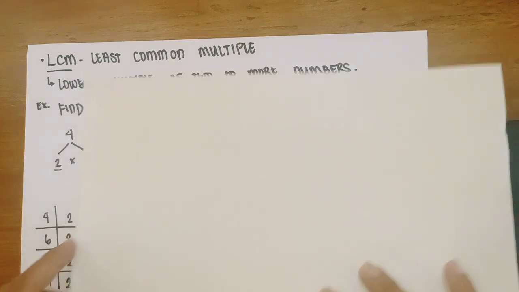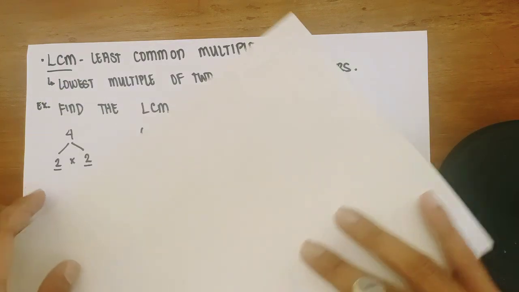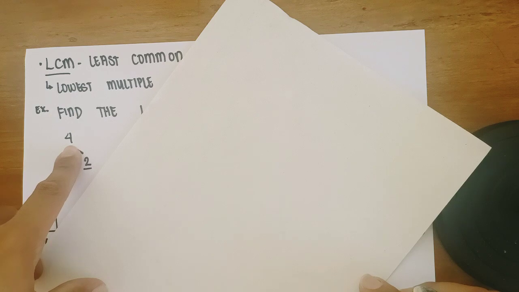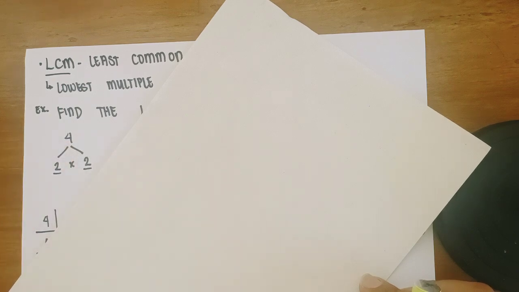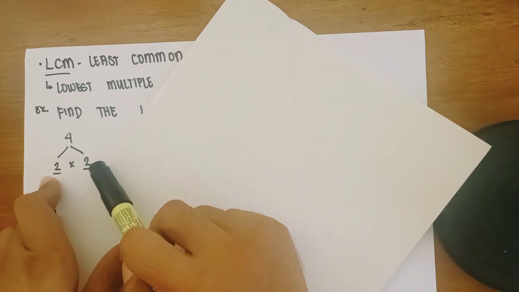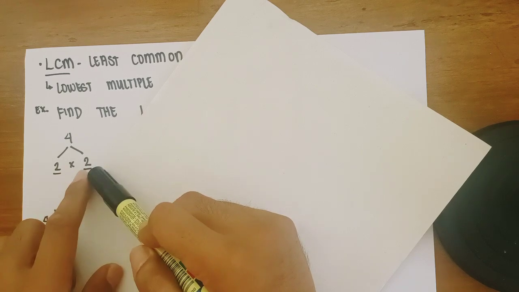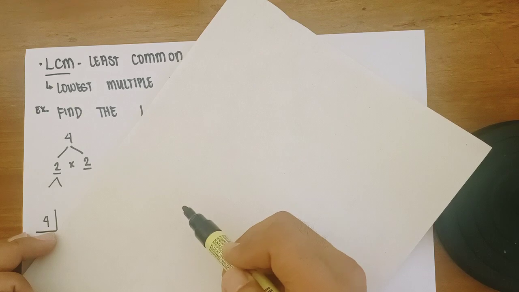First of all, let's do 4. For 4, we know it is 2 times 2. We get 4. So, aside from 2 times 2, what other numbers, when multiplied, give 4? 1 times 4, right? However, the essence of this method is that we need to make a branch. We look for the 2 multiples of the number where we will stop. We no longer branch it out. Can we still branch this out? Yes, 1 times 2.